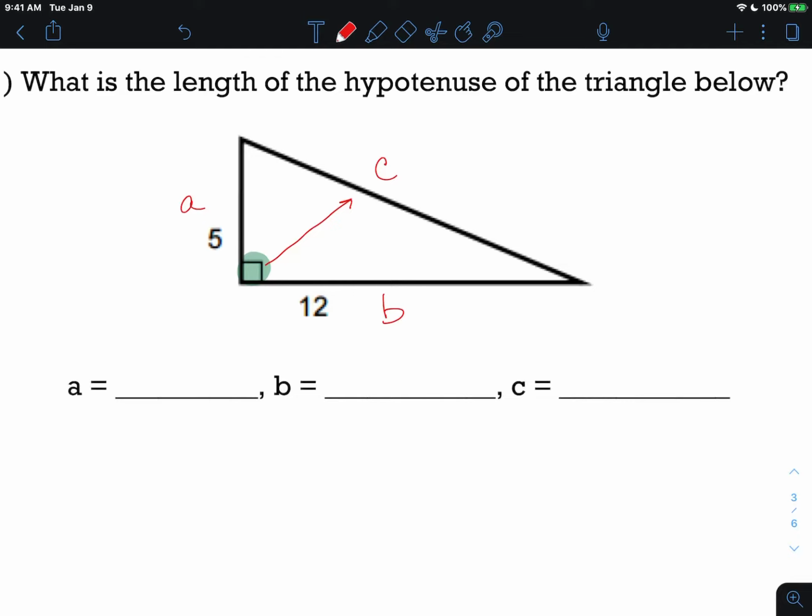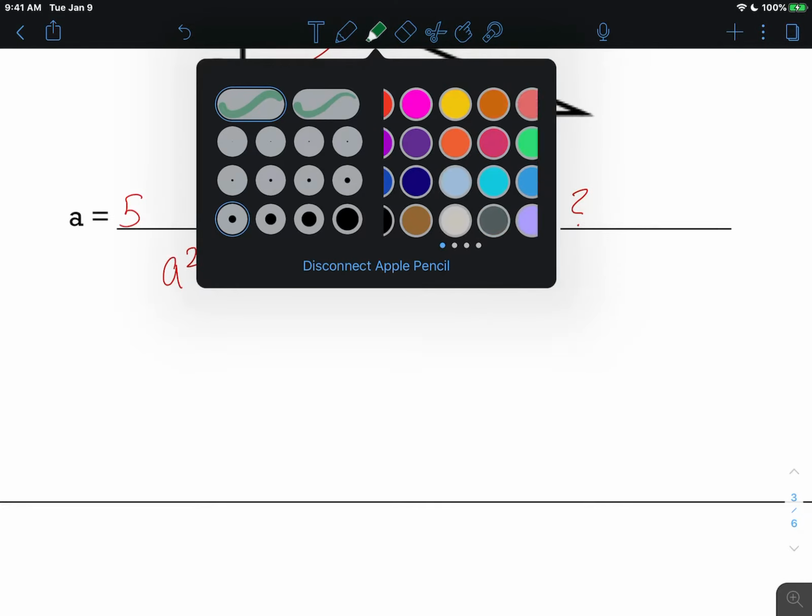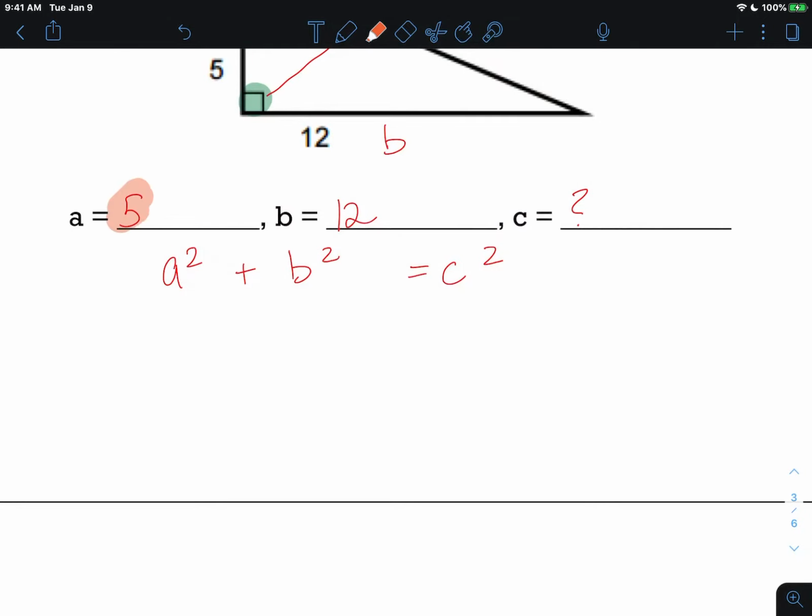All right, let's write in what we know. A is equal to 5, B is equal to 12. C is, I don't know. So that's who I'm looking for. All right, let me go ahead and write in my formula. Every time, I always start by first writing in my formula.